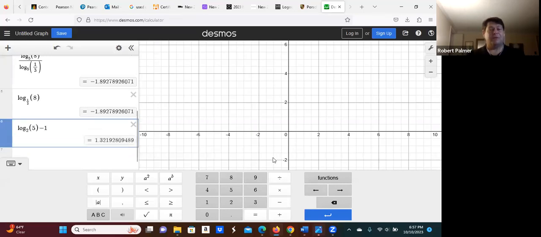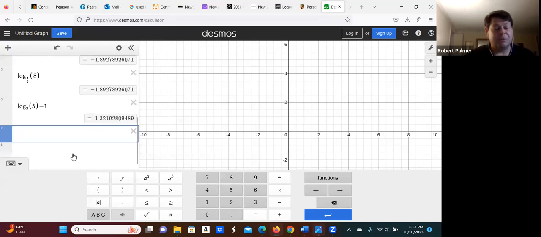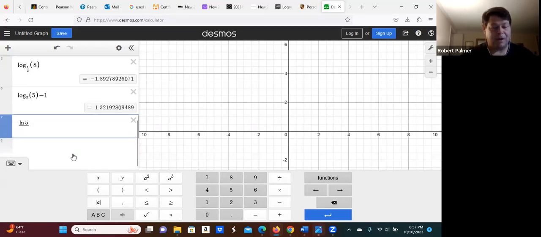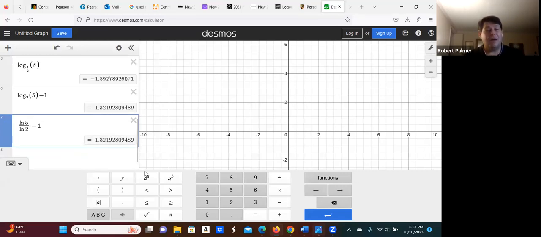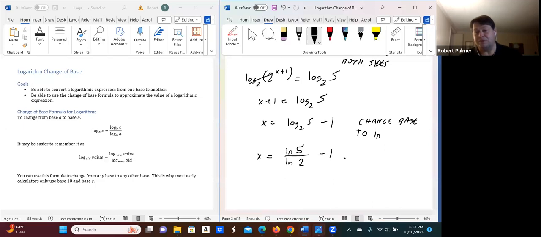Okay, that's about 1.32 to two places. Now, let's show this is equivalent to what we just said. So let's do natural log of 5 divided by natural log of 2 minus 1, exactly the same thing, approximately 1.32. So that's how we can use the change of base formula to help us solve equations.